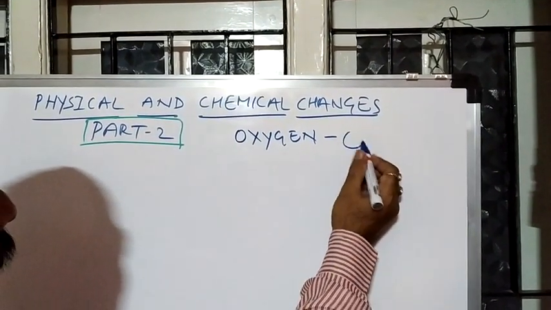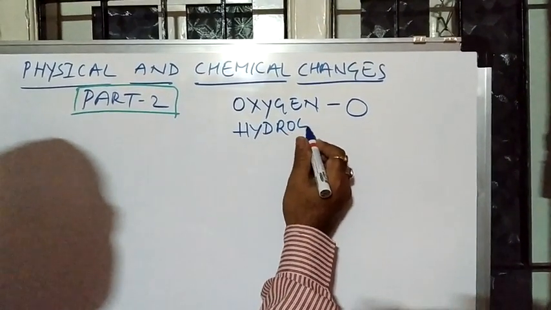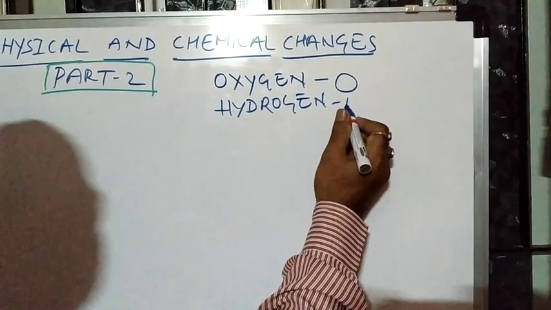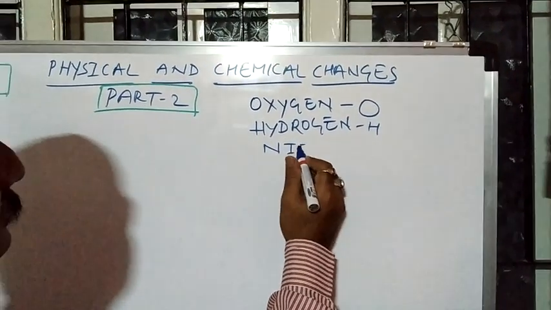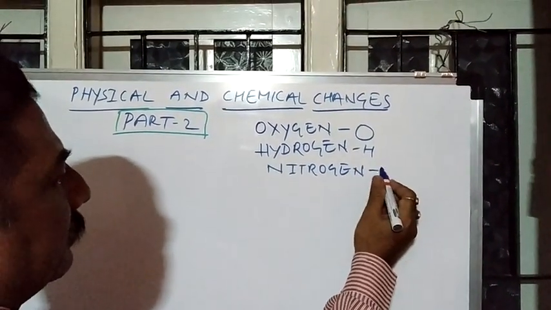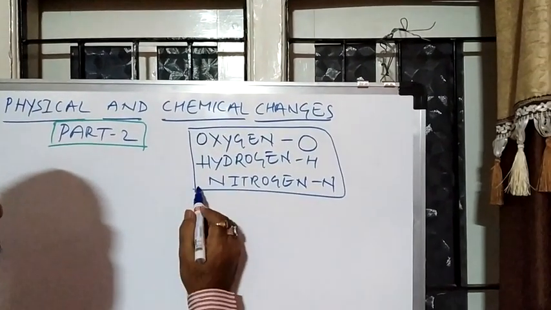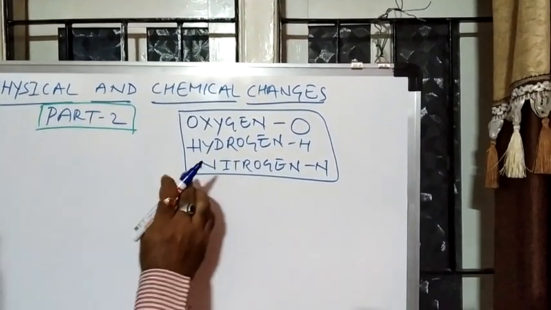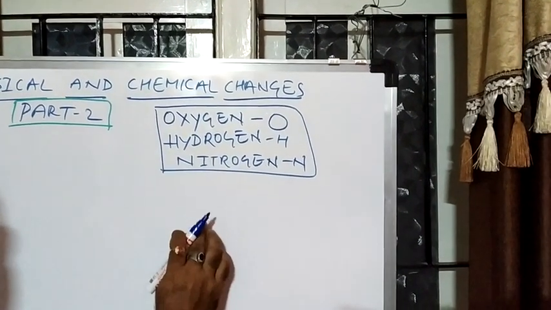we use O, hydrogen we use H, nitrogen we use N. So these are the elements, right? And I have already told you to go through these nomenclatures, these names.